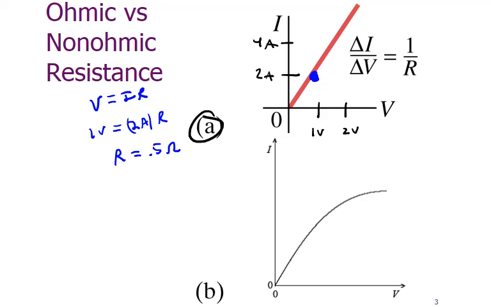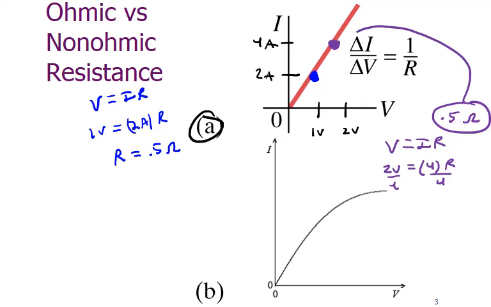At the second spot, same object, we have 2 volts, current is 4 amps, and we want to find the resistance. We divide both sides by 4 and get 0.5 as well.